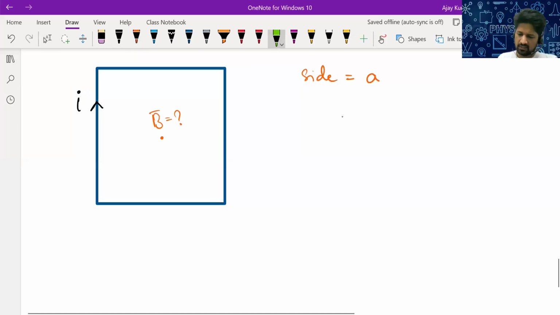Yeah, we can find this out directly. How much is this perpendicular distance of the point from the wire? It's A by 2, A by 2. And how much will be the angles subtended at the ends of the wire?